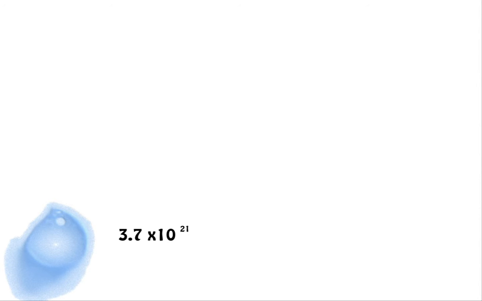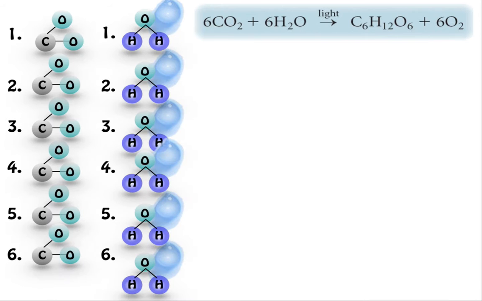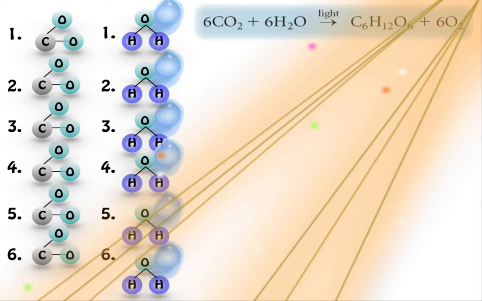But the point is that there are a lot of H2O molecules in just one drop of water. So plants make really good use of each drop of water, and of course with light, in the production of glucose. So again, that's the left side of the equation for photosynthesis.